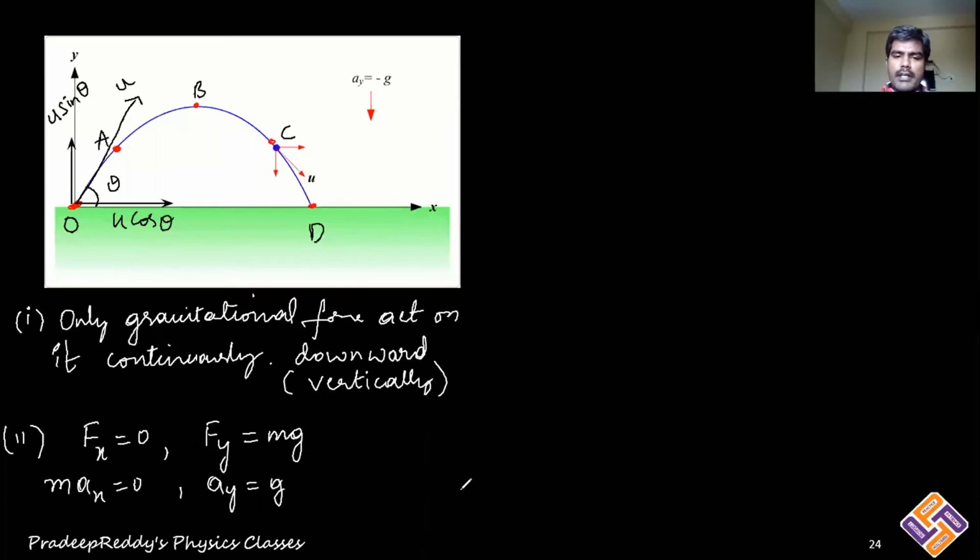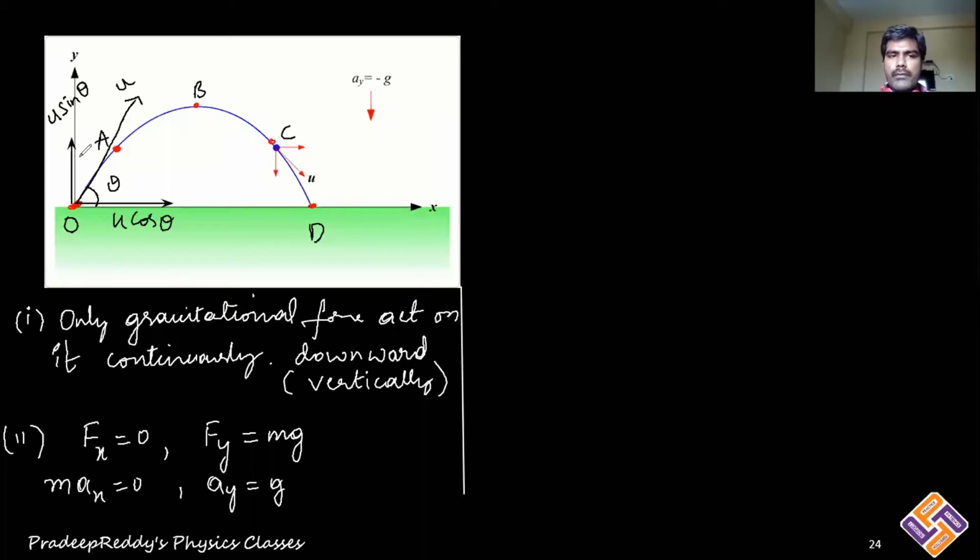Therefore, clearly you can understand that when you are projecting a body, it is affected only along y direction. It is affected with acceleration because there is gravitational force. Along x-axis it is 0. That means along x-axis acceleration is equal to 0.